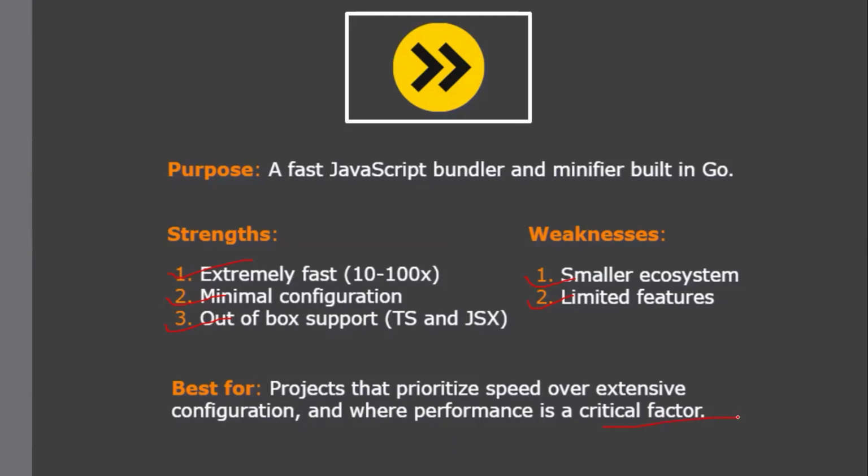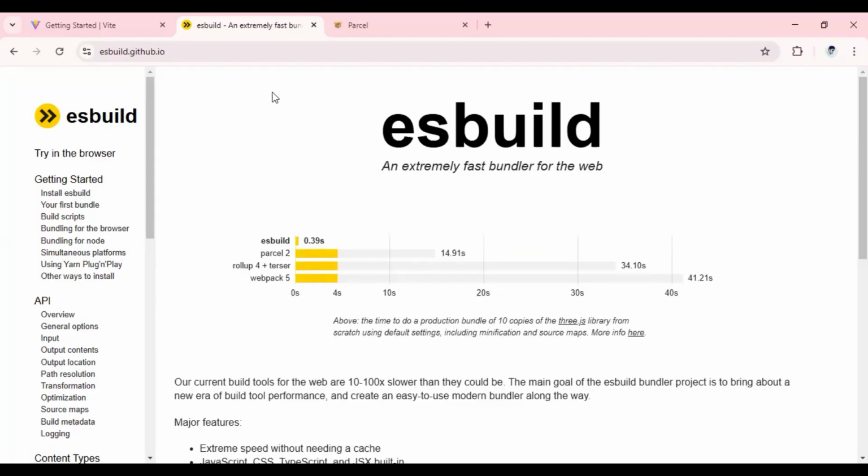To get more understanding around ESBuild, you can visit the official website. The official website for ESBuild is esbuild.github.io, and you will get more understanding around this new module bundler here. If you look here and do the comparison for speed, you will see the time required for ESBuild as compared to Parcel, Rollup, or Webpack 5.